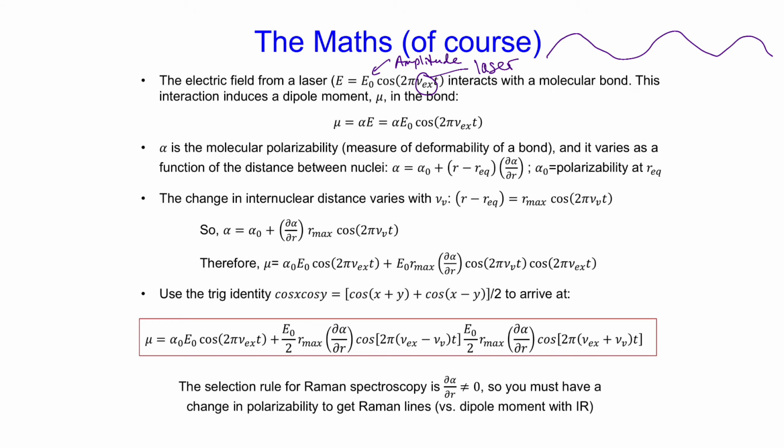Again, coupling everything together with our expressions for the dipole moment, we can get a final expression that brings everything together right here. This is not the most intuitive equation to look at. We can rearrange it a little bit using a trig identity, and once we do that, we get a slightly more manageable expression that we'll walk through.